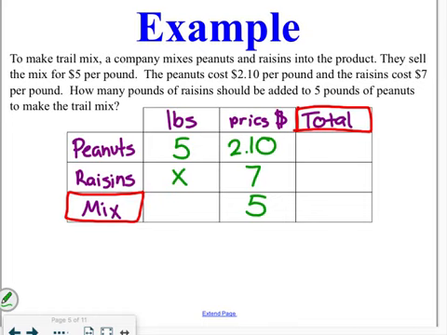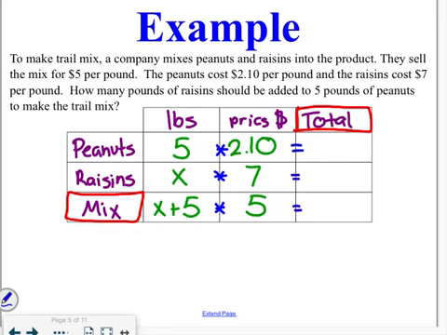In order to figure out how many pounds of mix we have, we need to be adding up our peanuts and raisins. In order to find the total column, which will be the same for every type of problem, you are going to multiply across to find your total.